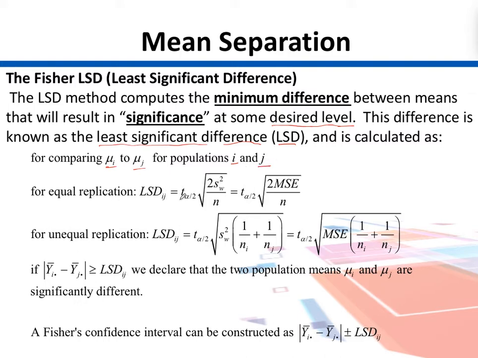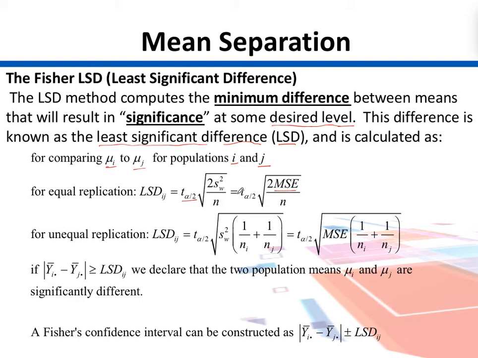For equal replications, if they have an equal number of replicates, LSD ij is equal to t at alpha by 2. So we calculate the t value at alpha by 2, the two-sided t value. If alpha is 0.05, we will go with 0.025 for the table. And square root of s squared w. Remember, we called this s squared w the mean square error. So it is t alpha by 2 multiplied by the square root of 2 into MSE divided by n.